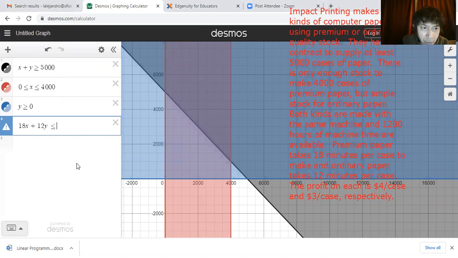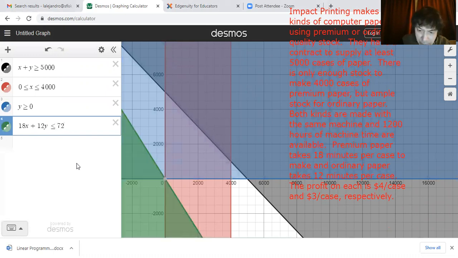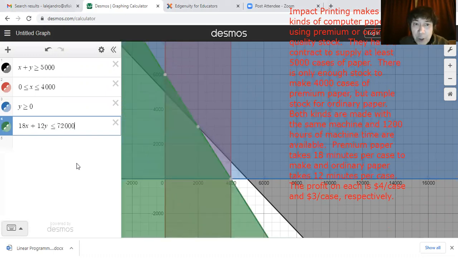So it's less or equal 72,000 as far as I can remember from the other screen. And that's it. All right, the profit on each is $4 per case for the premium paper, and $3 per case for the ordinary. That'll be for our profit statement.